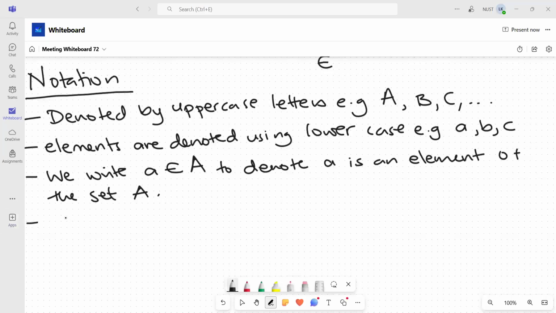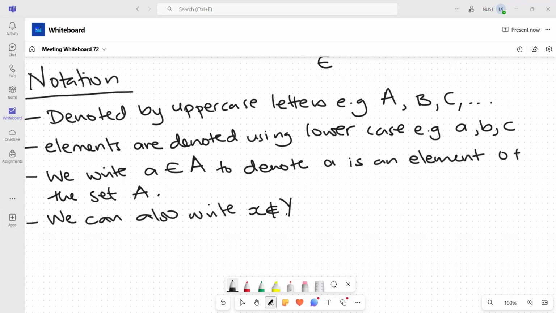Then we can also write x is not an element. If we write the E with a line through it, that means it's an element, but when we cross it out like this, that is to say it is not an element.